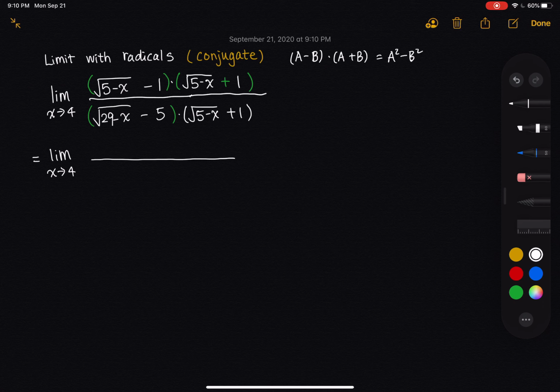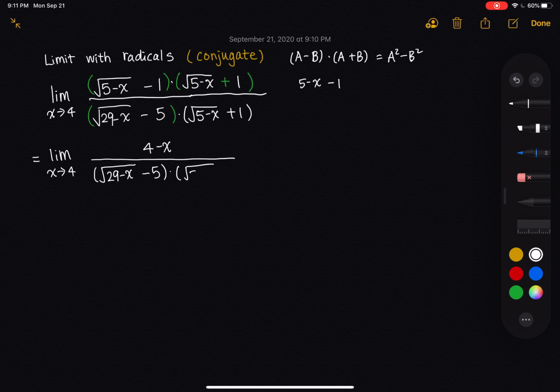So the square root of 5 minus x squared gives 5 minus x, and then you subtract 1 squared, which is just 1. So 5 minus x minus 1 is just 4 minus x on the top. In the bottom, you don't touch it. You leave it alone, because even if you expand it, you're not going anywhere.